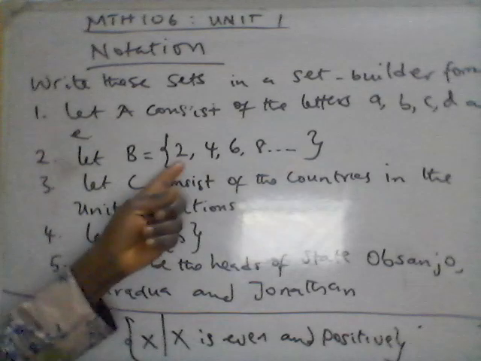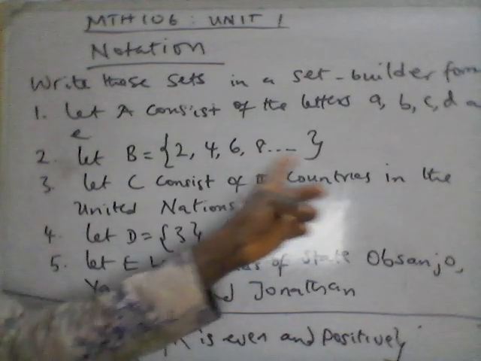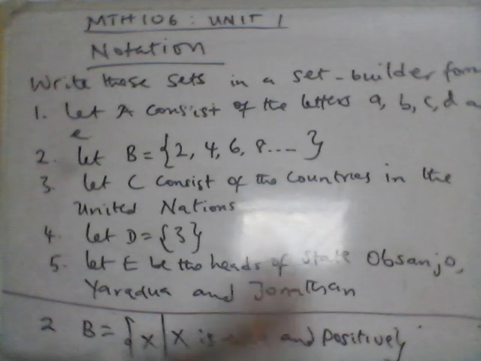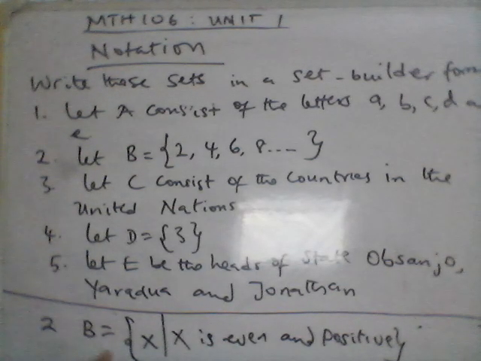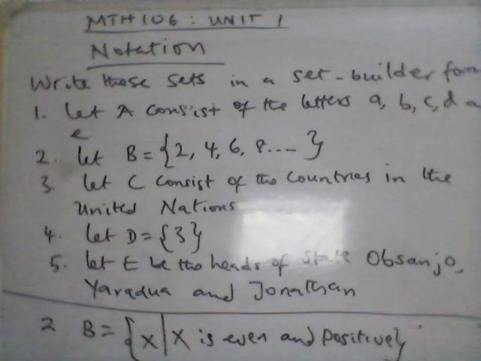After 2, 4, 6, 8, you continue. That's what this means. So the set builder form actually defines what this is. B is equal to the element named X such that X, which is the element, is an even and positive number. X can represent anything here.